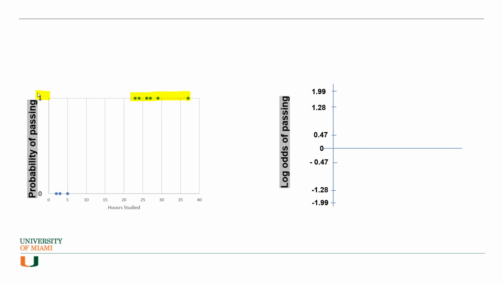So for a point here, when the probability is 1, for all these students who have passed the course, we will actually get positive infinity, because log of 1 divided by 0 would be equal to log of 1 minus log of 0, which is 0 minus negative infinity, which is equal to positive infinity. So these points, the students who have passed, if you want to plot them on the log odds plot, are going to be equal to these points.